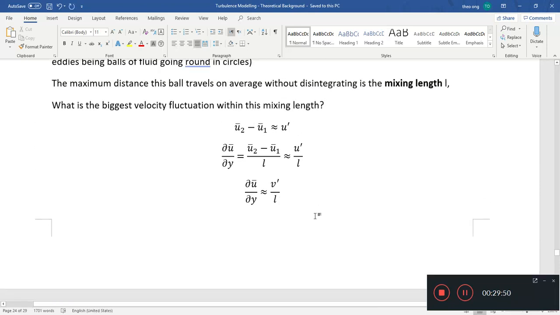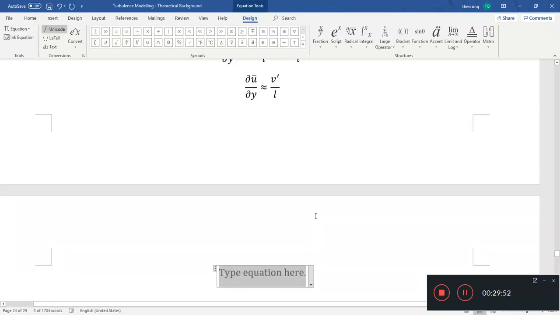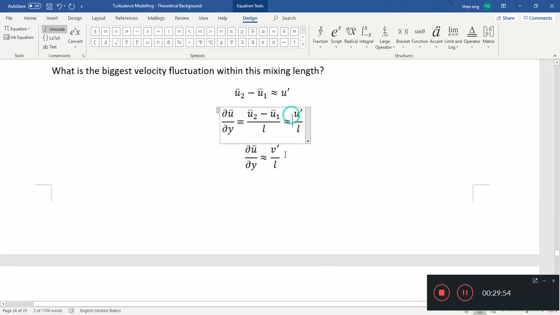All right, and going from here to here, we can assume the turbulence is somewhat isotropic, because the u prime and the v prime don't really depend on direction, it's all random, so the velocity fluctuation in the x direction is pretty much on the same order of magnitude as the velocity fluctuation in the y direction.